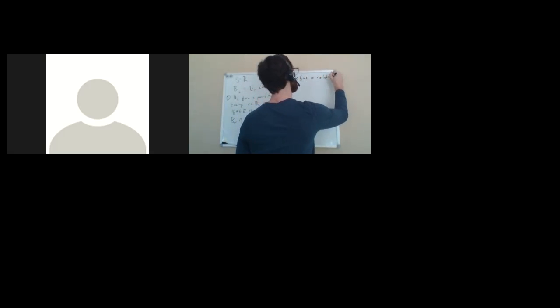I'm going to define a relation on R such that (a, b) is inside my relation if and only if a and b are both inside B_j for some j.